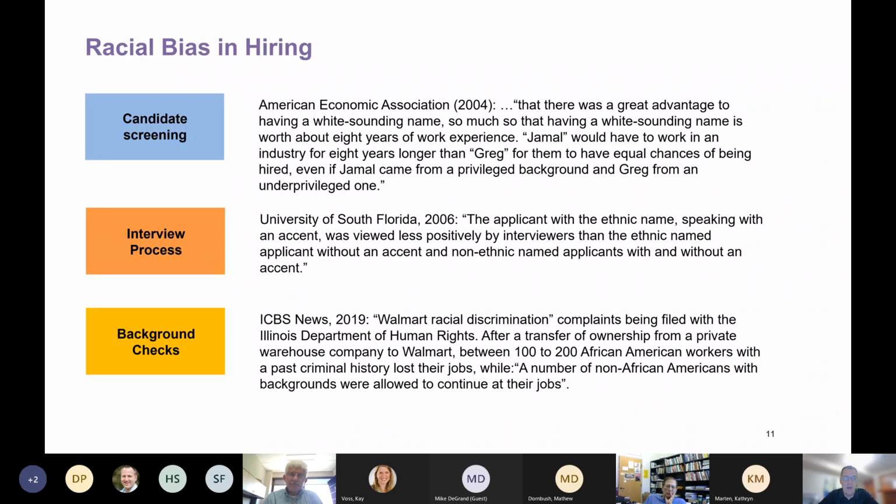Another one is accent. Speaking with an accent is viewed less positively by interviewers than not speaking with an accent, or if the applicant has an ethnic name, it also can have an impact. So, these should not be informing our decisions.